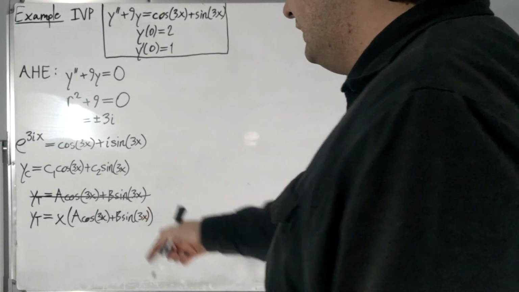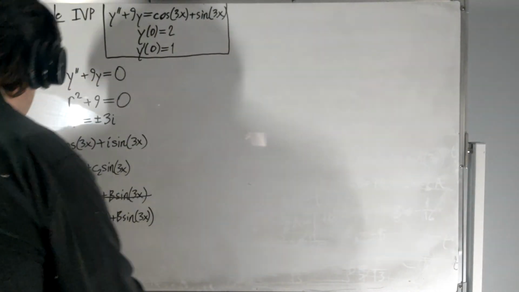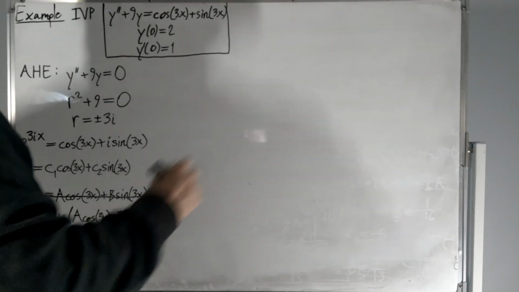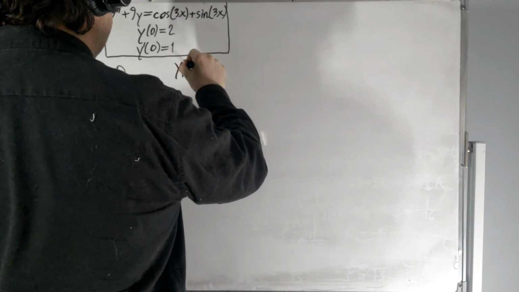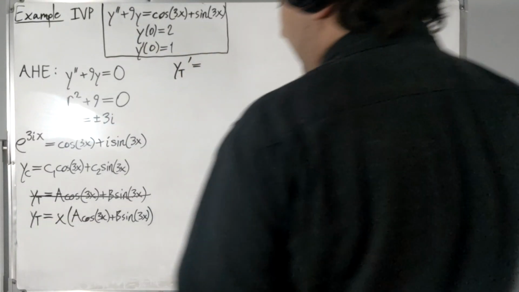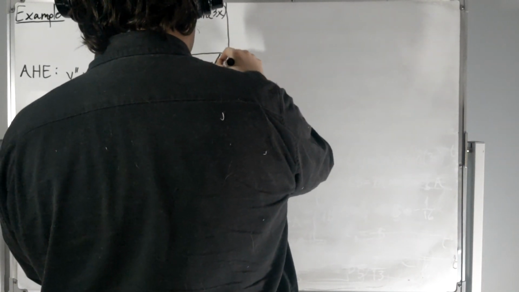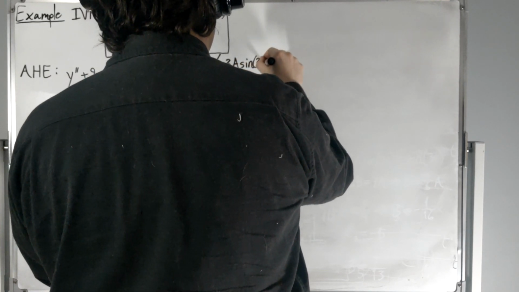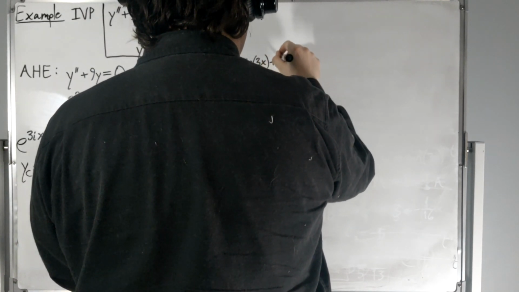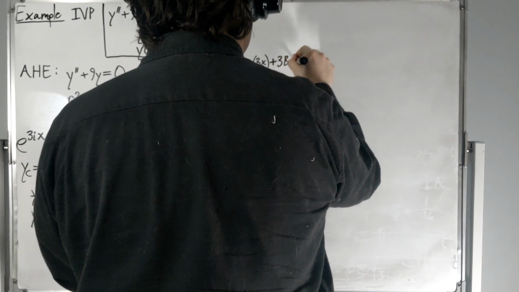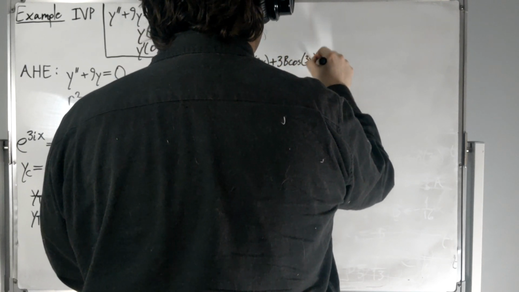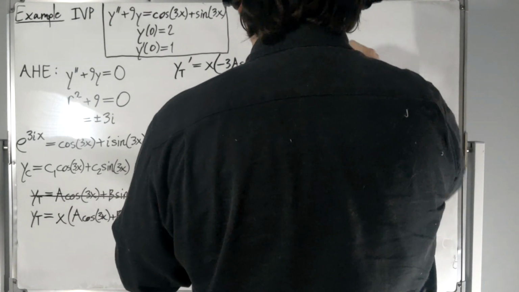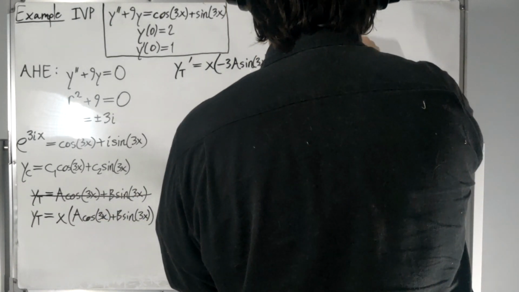We're going to need two derivatives of this thing. Let's do it over here. The first derivative, we're going to have to use the product rule, so that's going to be the first times the derivative of the second, plus the second times the derivative of the first.